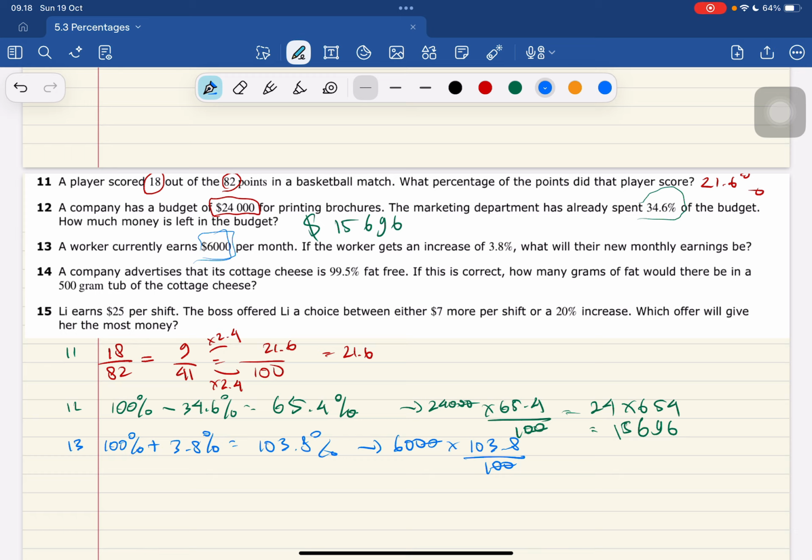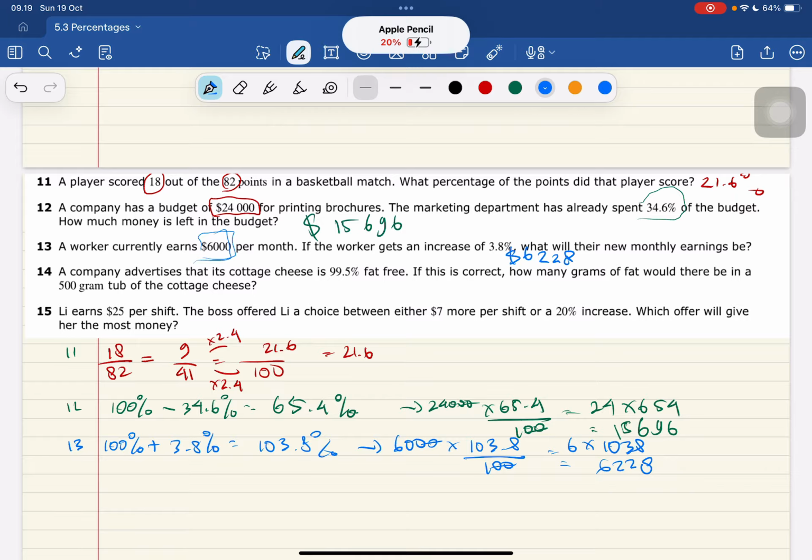So it's going to be 6 times 1,038. So this will give us the answer of 6,228. So for 13, the earning will be 6,228 after the increase of 3.8%.